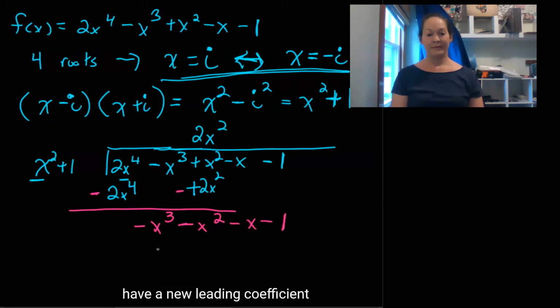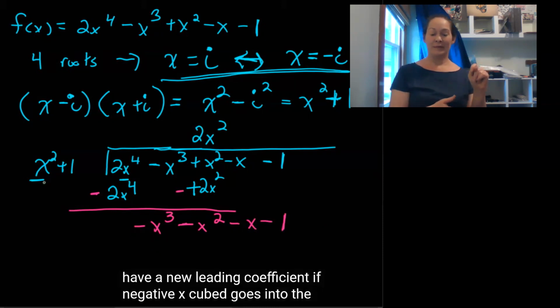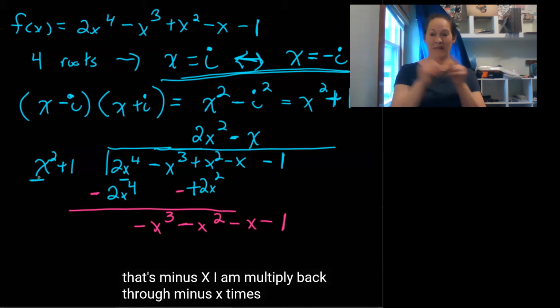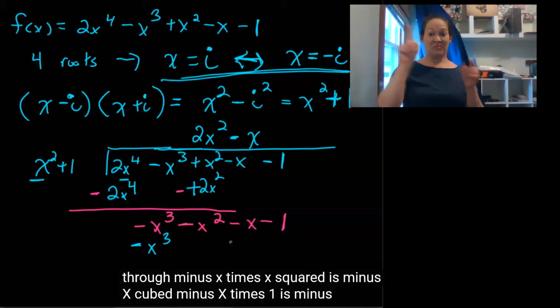I have a new leading coefficient. If negative x cubed goes into x squared, that's minus x. I multiply back through. Minus x times x squared is minus x cubed. Minus x times 1 is minus x.